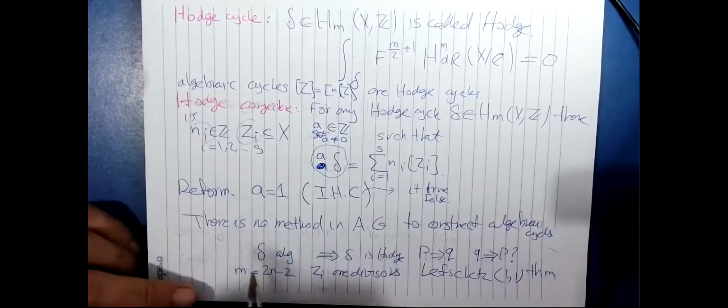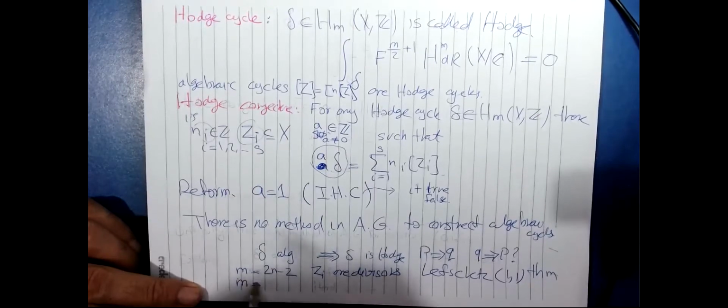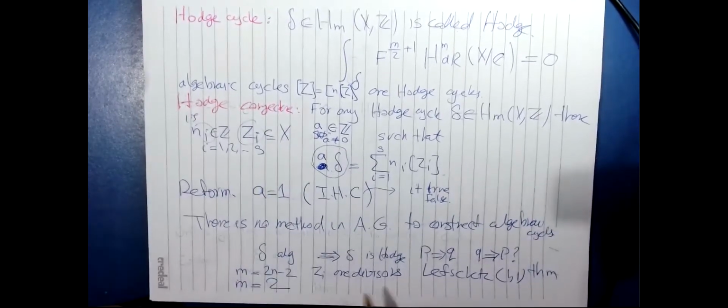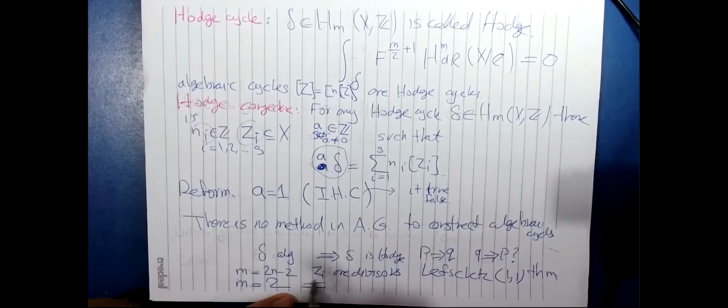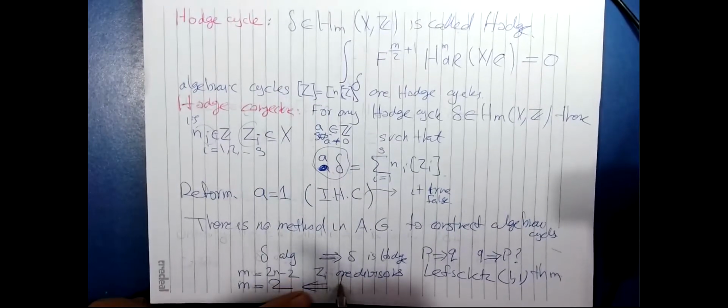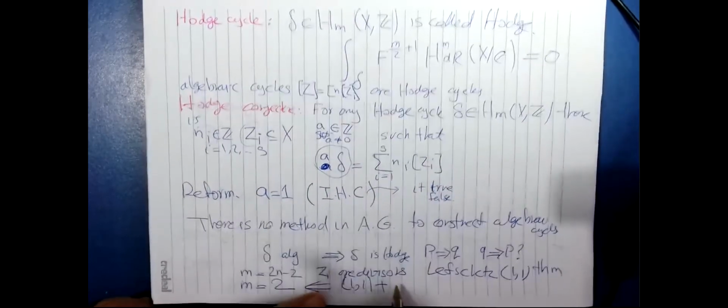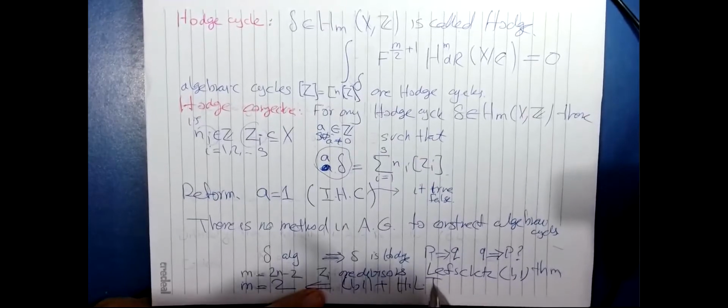Then another case, with n equal to 2, follows from the previous one, the Lefschetz (1,1) theorem, plus the Hard Lefschetz theorem.